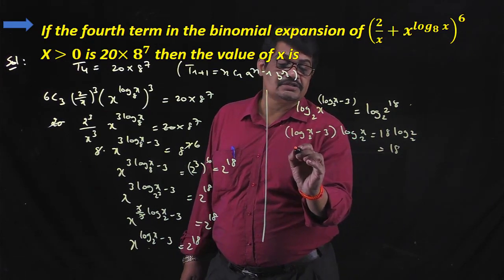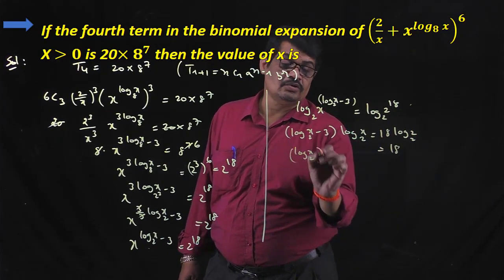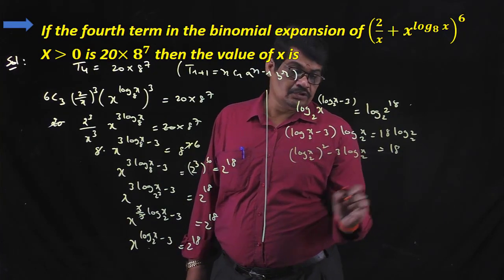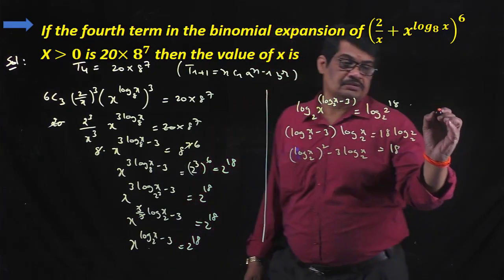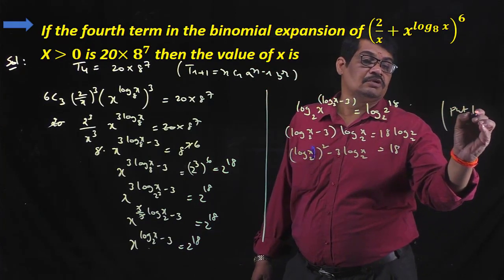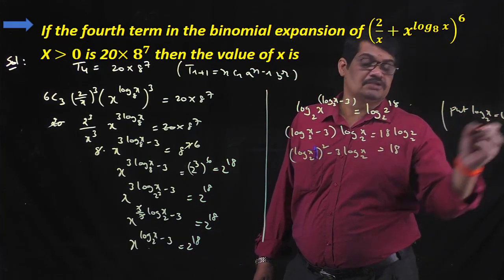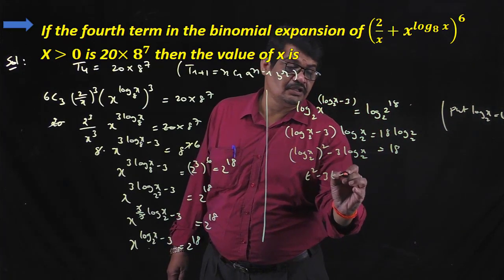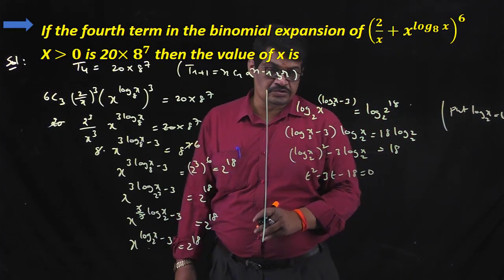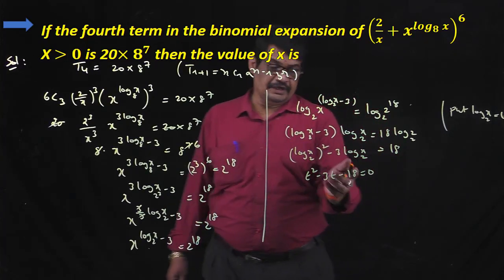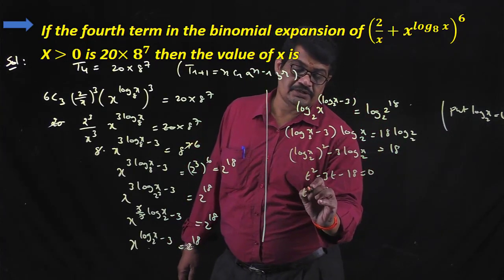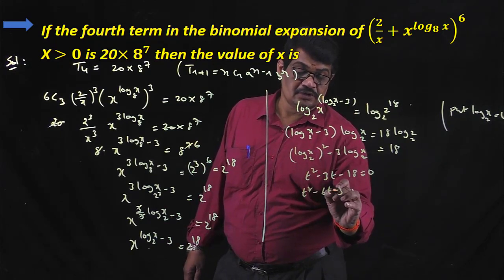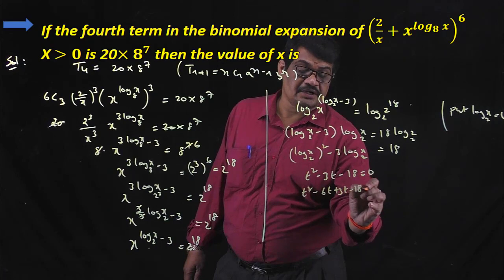On this side we have log x base 2 into log x base 2, minus 3 log x base 2. Here we put log x base 2 as t and substitute. Then this will be t squared minus 3t minus 18 is equal to 0. Now we write the factors: t squared minus 6t plus 3t minus 18 is equal to 0.